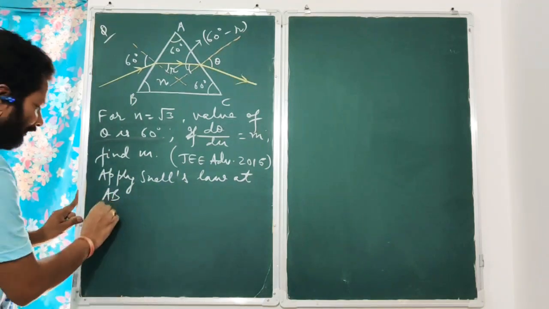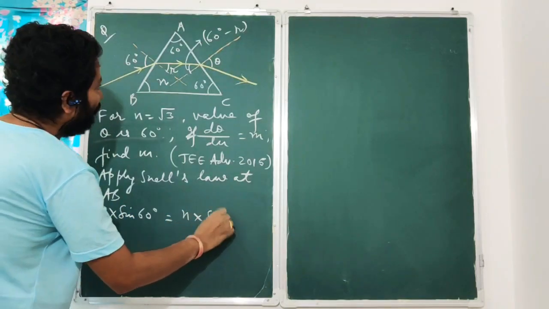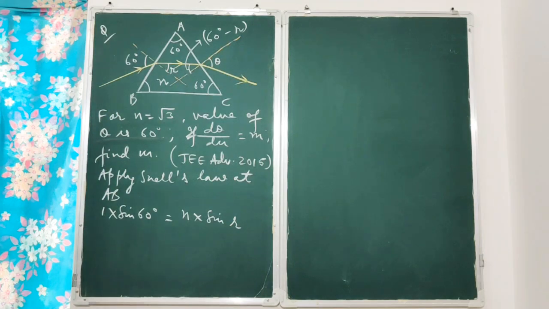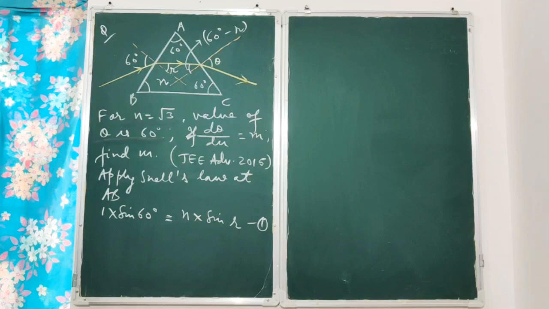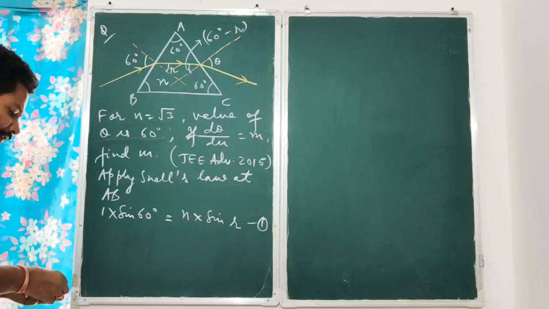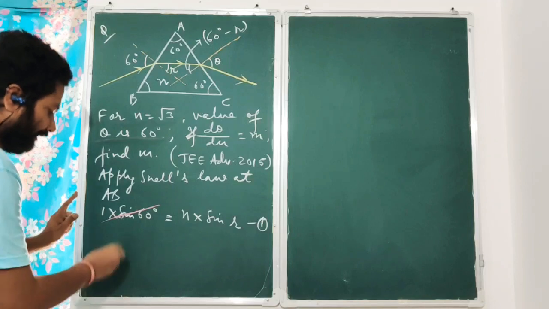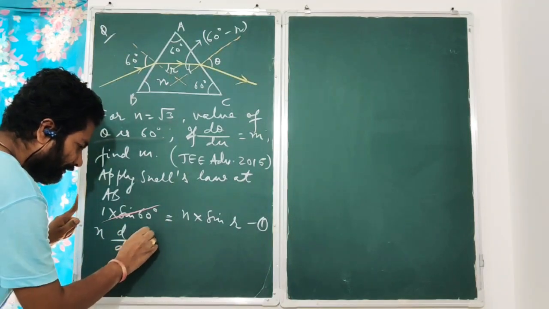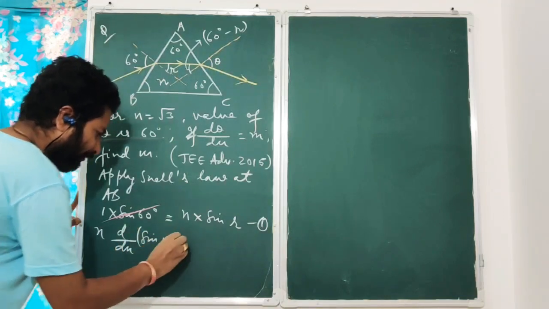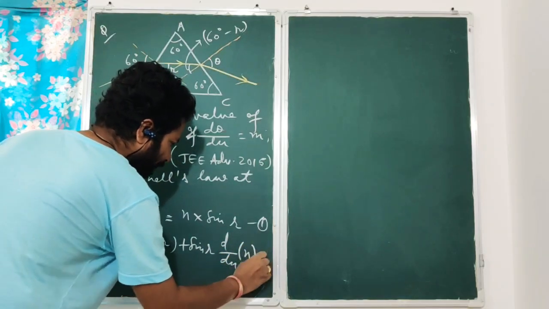What can we write? 1 into sine of 60 degrees will be equal to n into sine of r. Let us say this is our first equation. Now differentiate this equation with respect to n. On the left hand side it is a constant, so the differentiation will be 0. On the right hand side, if we differentiate it, it will be n into d by dn of sine of r plus sine of r into d by dn of n, and that will be equal to 0.